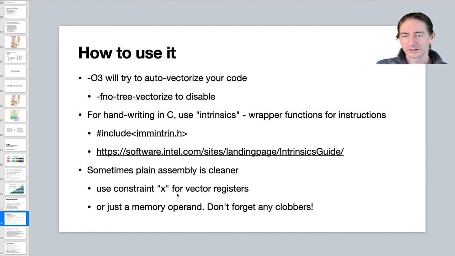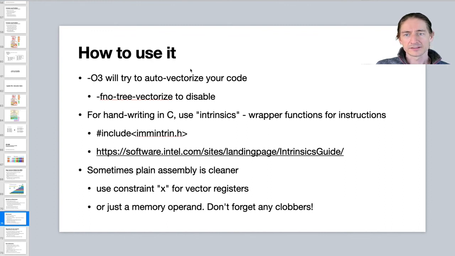Right, so here in the constraints, you use an X to specify a vector register. And there's some flavors to get the ZMM versus the YMM versus the XMM registers. You have to look that up.